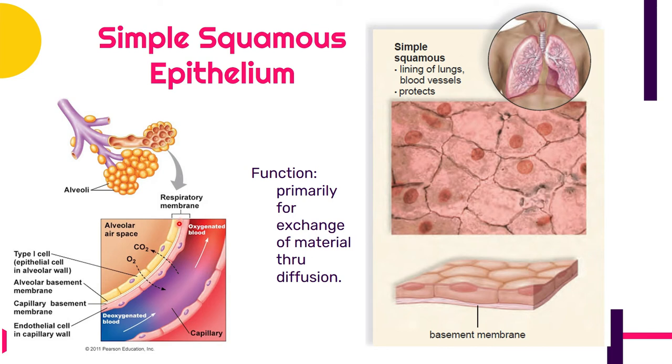So, why is it simple squamous epithelium that lines our alveolus or air sac and also the capillaries? That is because it needs to be simple squamous epithelium so the diffusion of gases like oxygen and carbon dioxide is easier. We all know about the exchange of gases from junior high school, in your respiratory system topic. So, we take in oxygen by breathing in oxygen gas.